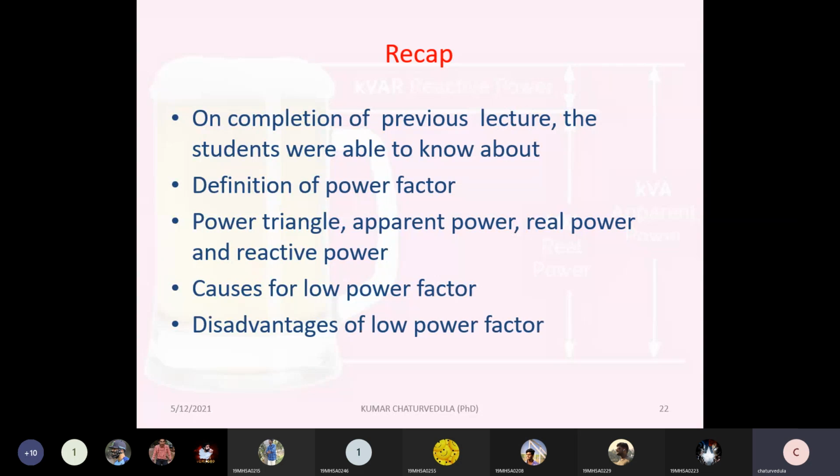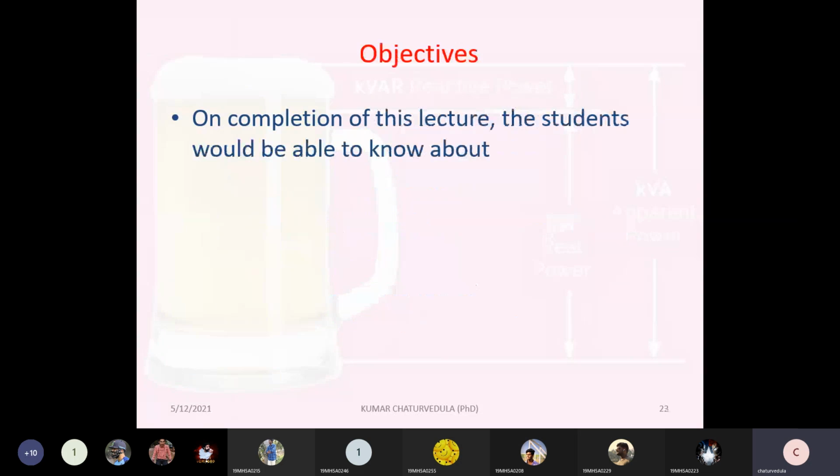So in today's lecture, we will be discussing the importance of power factor improvement, and then the methods to improve the power factor.